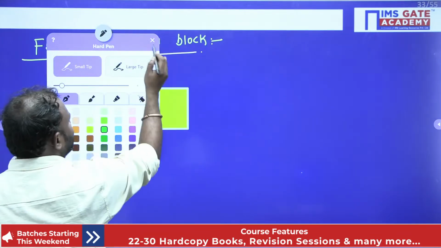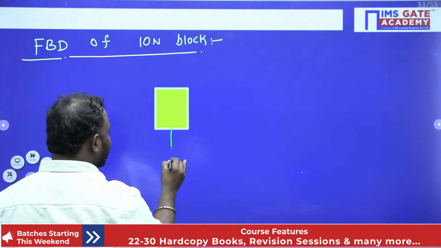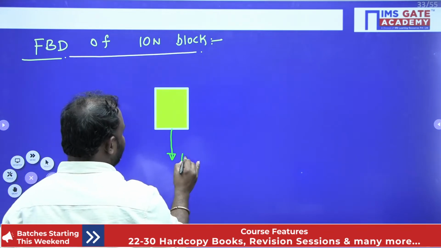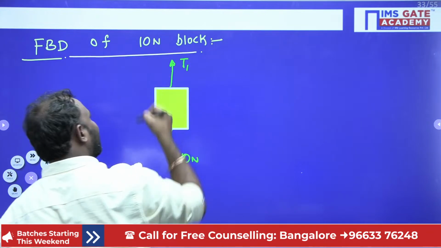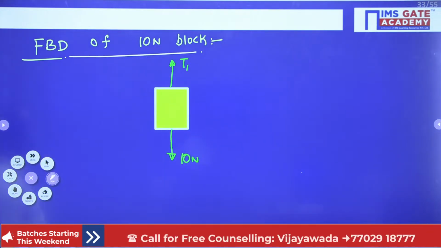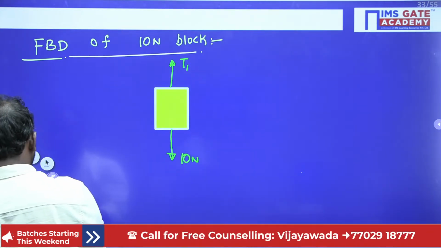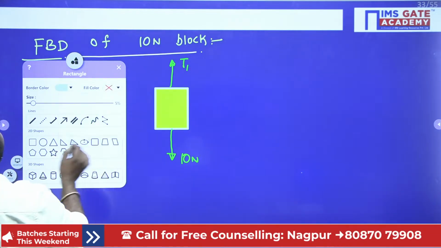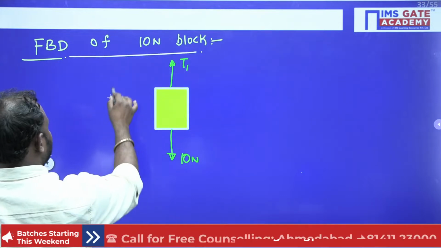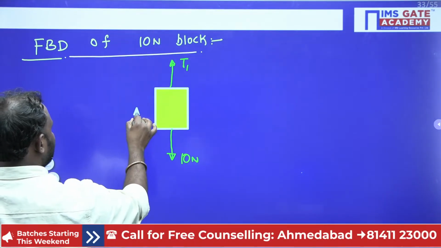Now see here, 10 newtons is acting downward, and the tension T1 is acting upward. Now here the direction of motion is upward, right?